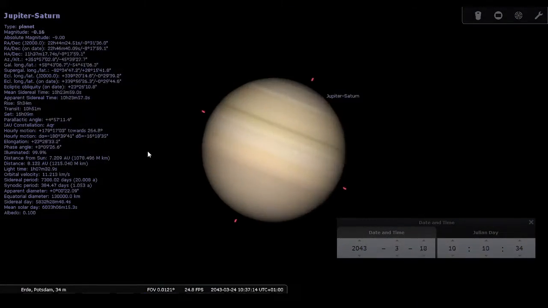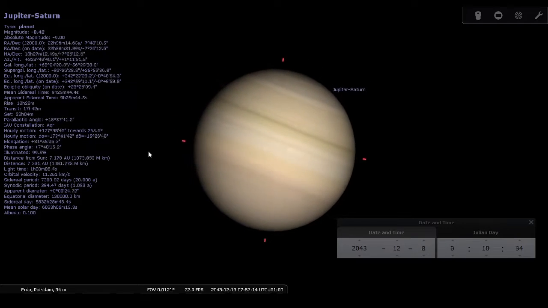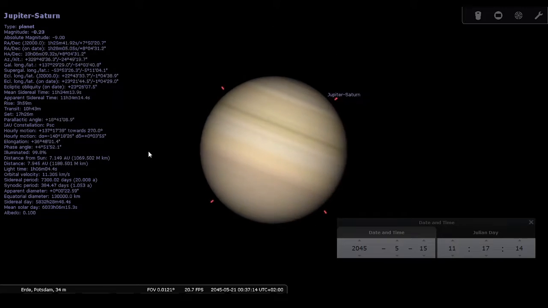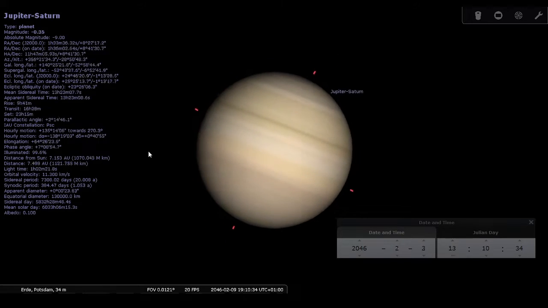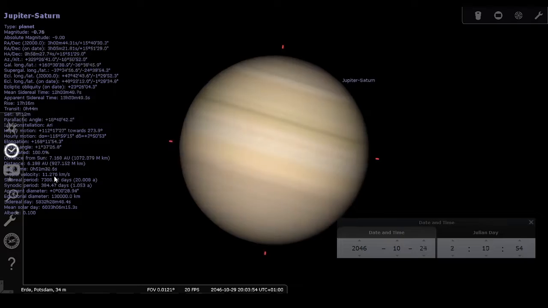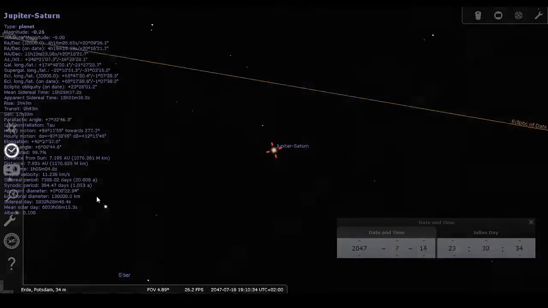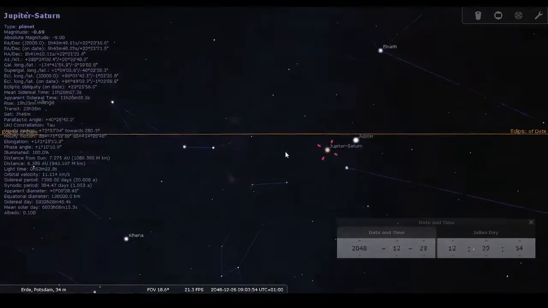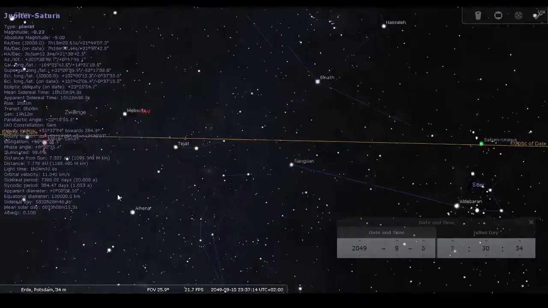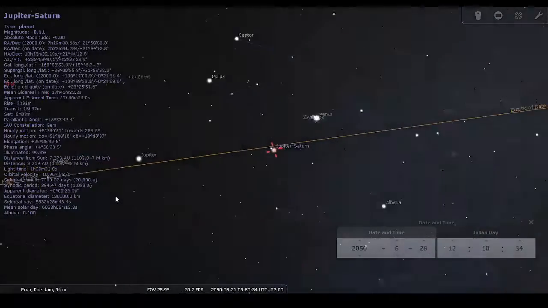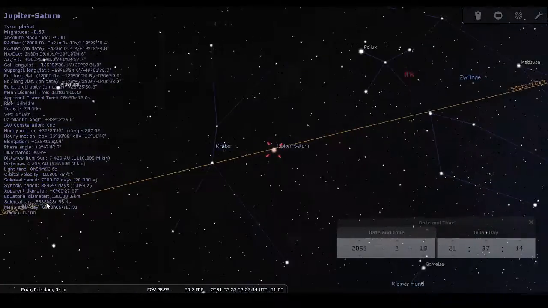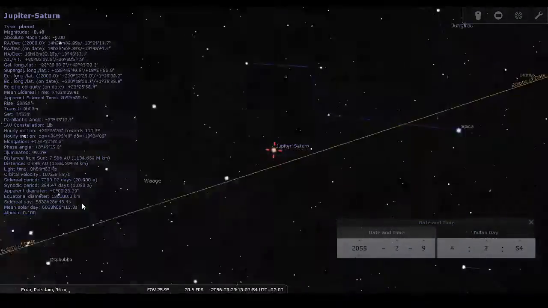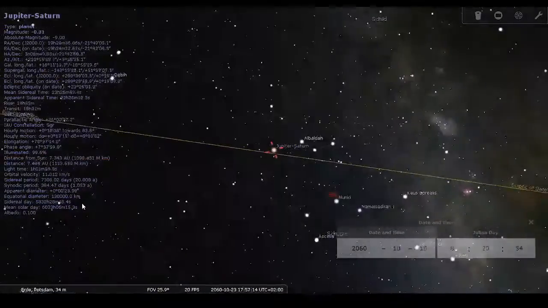And the apparent diameter is also changing a bit if you're looking at that. In opposition it gets the maximum, in conjunction it gets to its minimum. The orbital velocity is about 11.2 kilometers per second. You can see that. So Jupiter-Saturn is slower than Jupiter, but it's faster than Saturn. Maybe I can see Saturn.